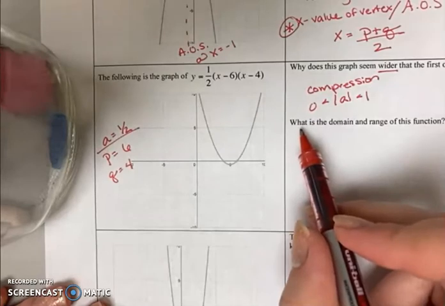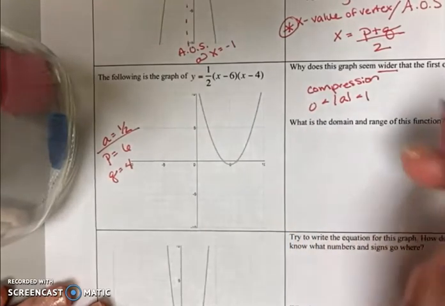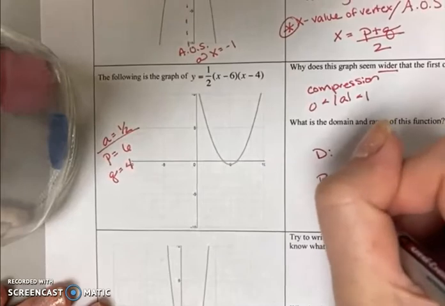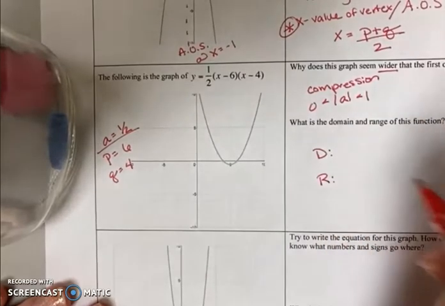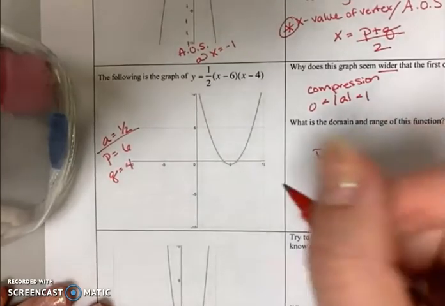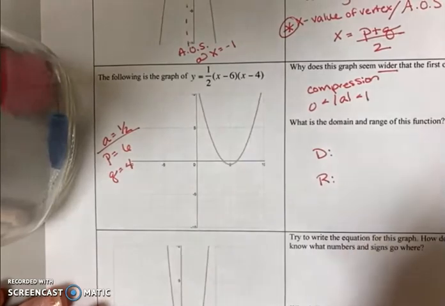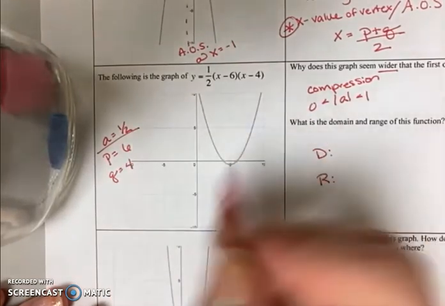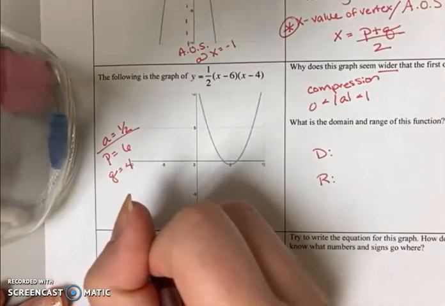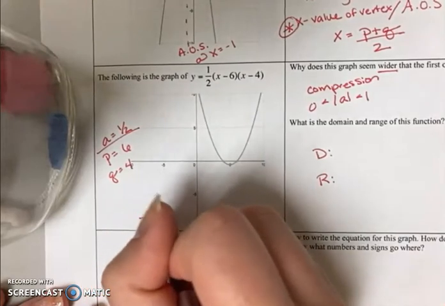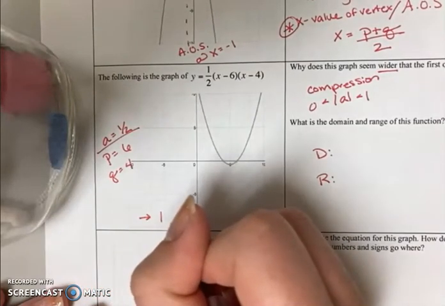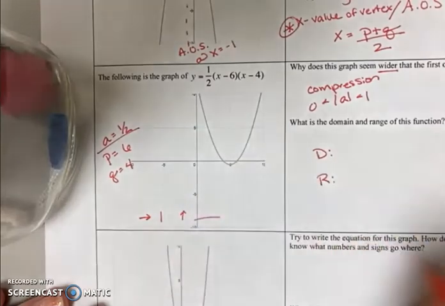Okay. What is the domain and range of this function? You know, I just thought of something before I do that. When you have a stretch or compression, if I just give you the graph, you can tell what the a value would be by seeing that it moves right 1 unit and either up or down a certain number.